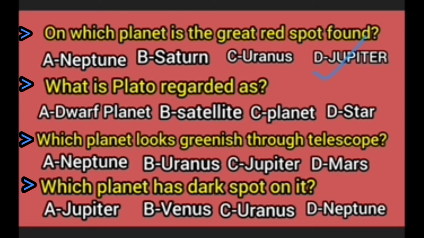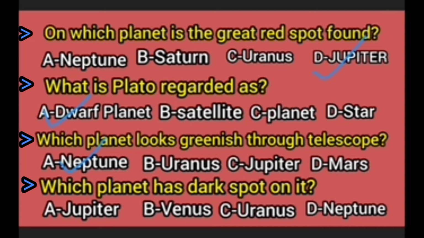A. Dwarf planet, B. Satellite, C. Planet, D. Star. Answer A. Dwarf planet. Which planet looks greenish through a telescope? A. Neptune, B. Uranus, C. Jupiter, D. Mars. Answer A. Neptune.